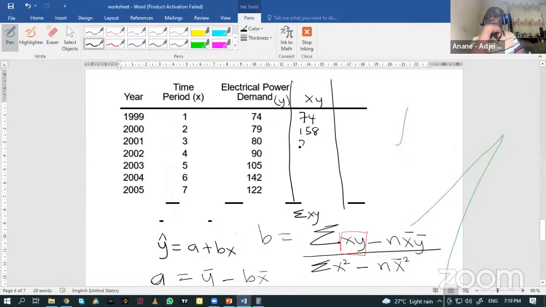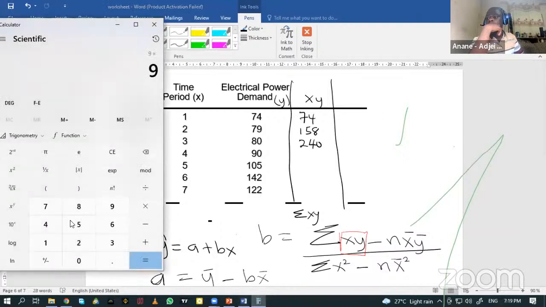So we have the next item, 240. Then the next one, 90 times 4. That is 360.